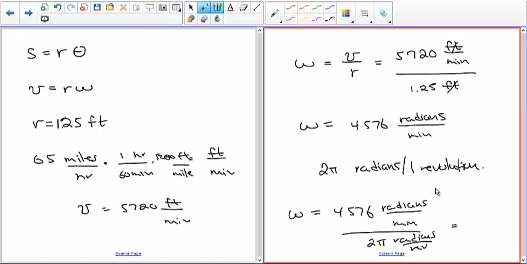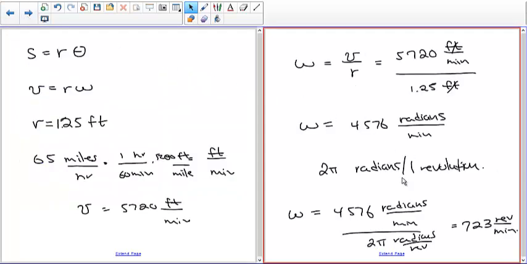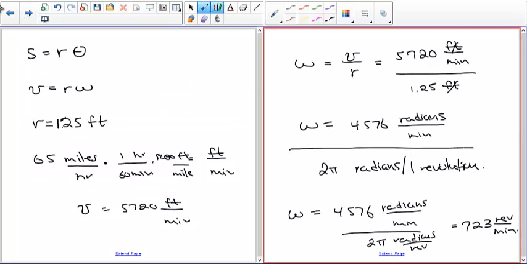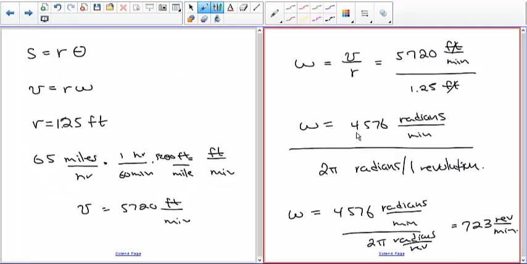And so that comes out to be 723 revolutions per minute for the wheel. And we almost got the angular speed in radians per minute. Actually, we already did that, so we solved that ahead of time. Make sure I'm using the same angular speed of the wheels. So the angular speed is 4,576 radians per minute, which is 722 revolutions per minute.